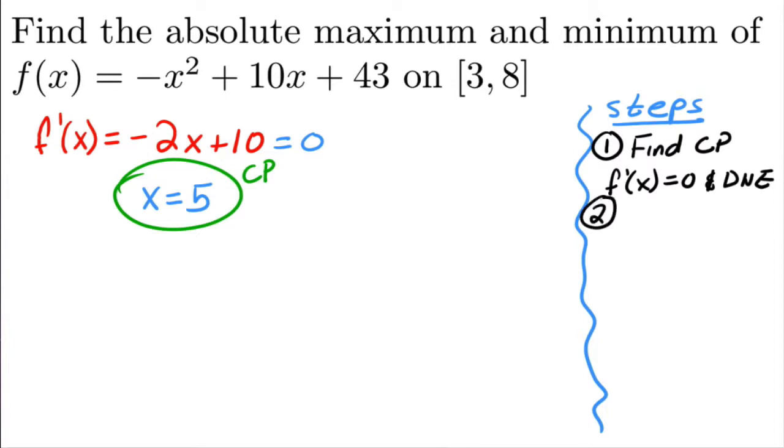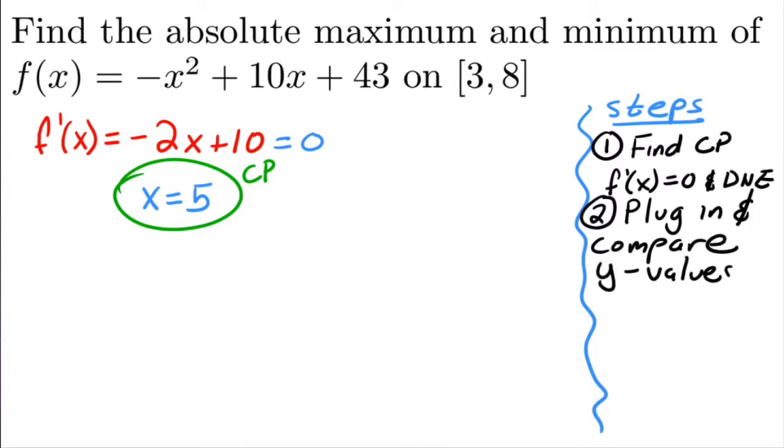And so then the second step is you're going to plug in and compare. We're going to compare the y values for the endpoints and the critical points. Now in this case there's only one, but if there was more than one, then we would do that.